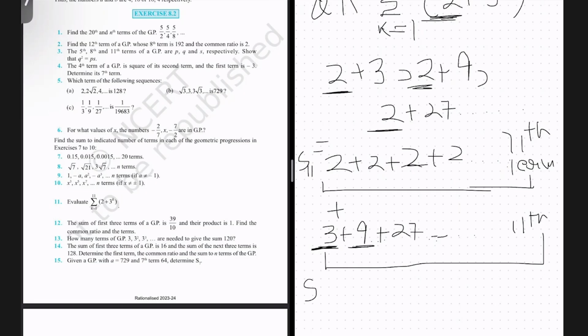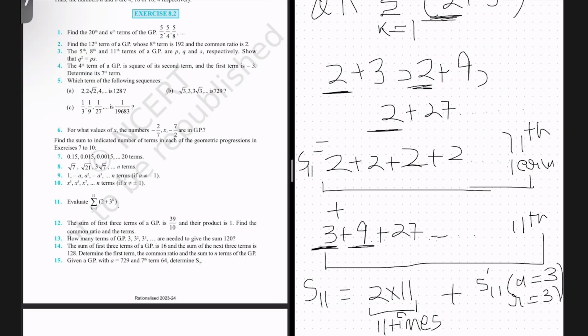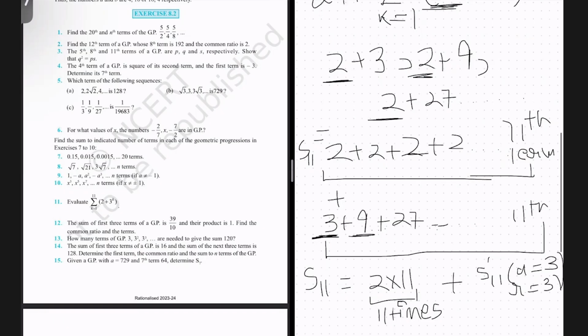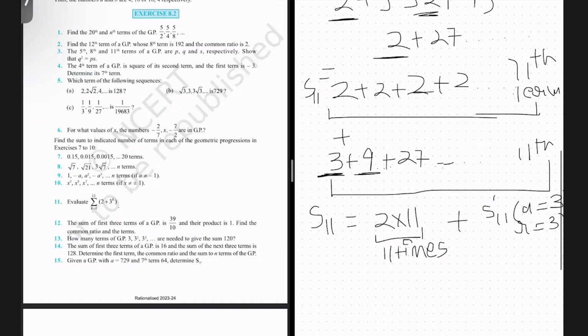So finally, S11 could now be expressed as 2 into 11, because 2 has been added up 11 times, plus S11 for the GP. A is equal to 3 and R is also equal to 3. Let us solve this, and that is how we are going to arrive at our answer, right?